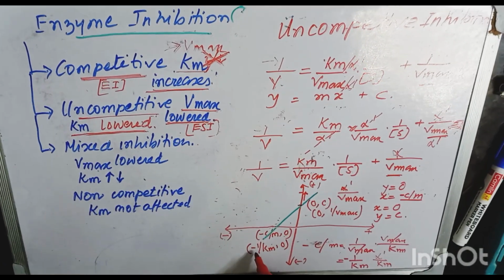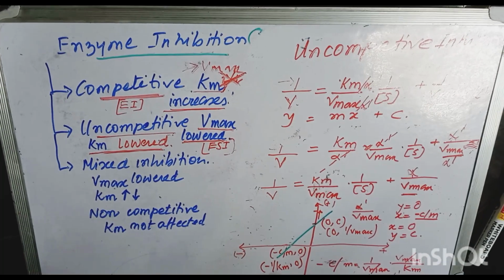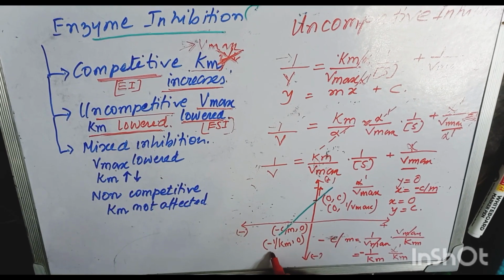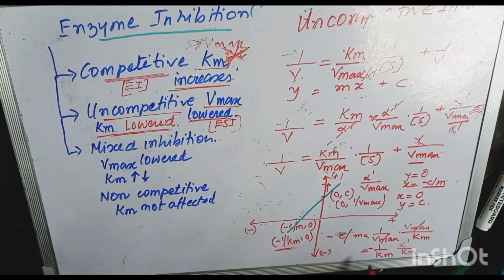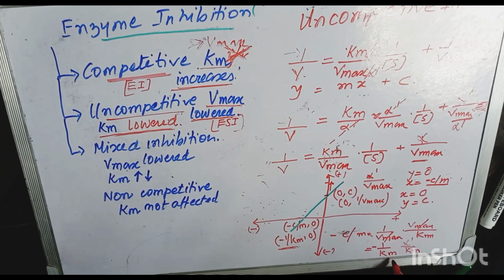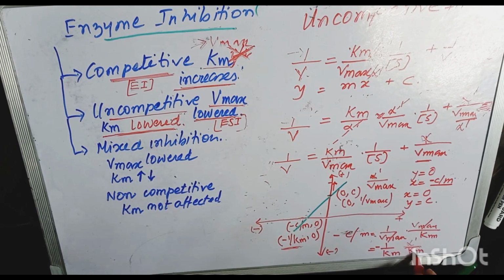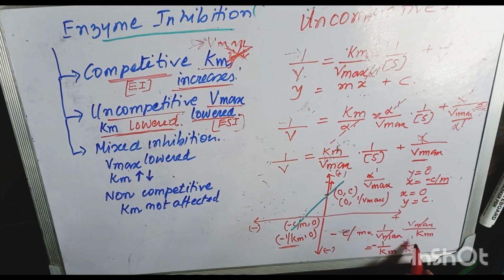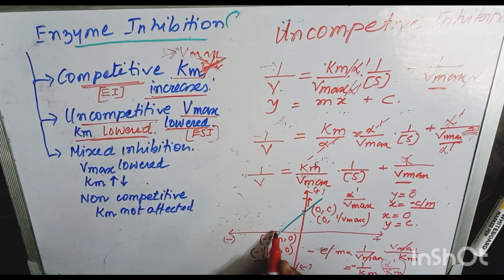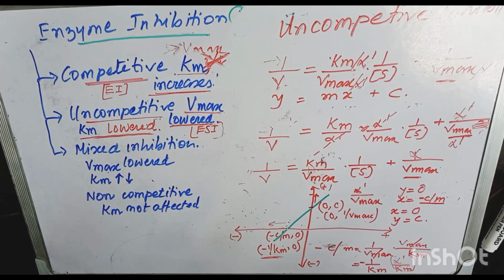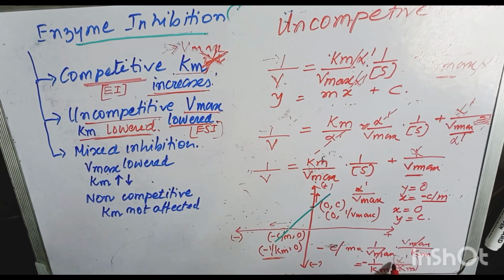So 1 by Km, which is this point, now becomes alpha dash by Km, which means alpha dash goes up. Alpha dash is a factor greater than 1, so this point actually shifts to this side, because the value has got more negative.